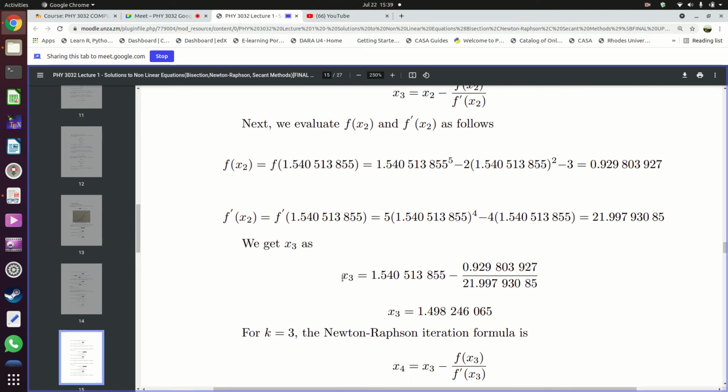So in this case, x3 is going to be equal to 1.540513855. This is our x2. Then the value of the function at x2, this is what you have here. Then the value of the derivative at x2, this is what you have there. So you start with this, you do the division, then after you divide, you subtract from here.